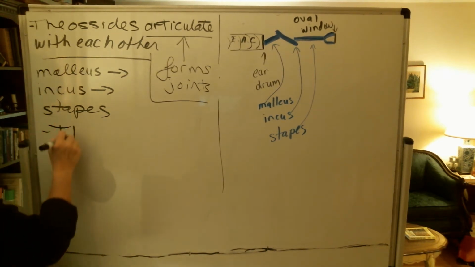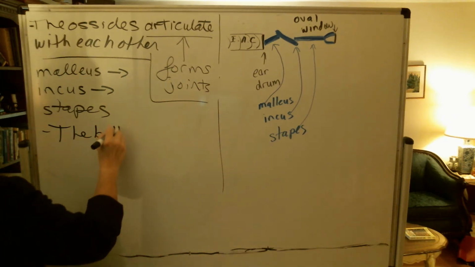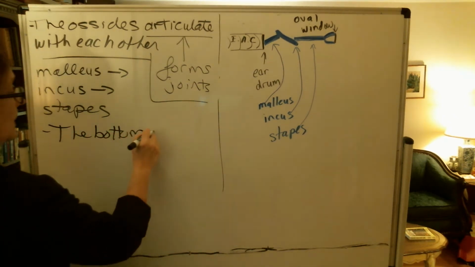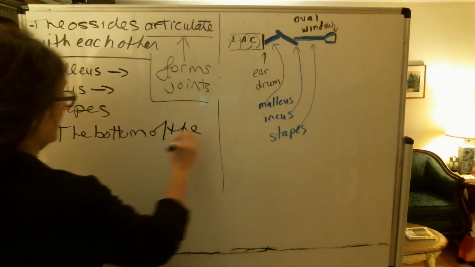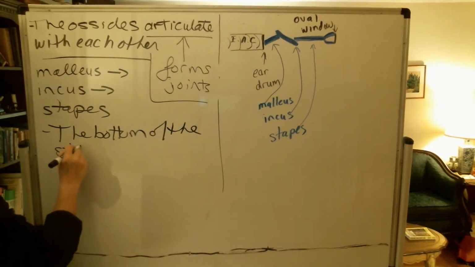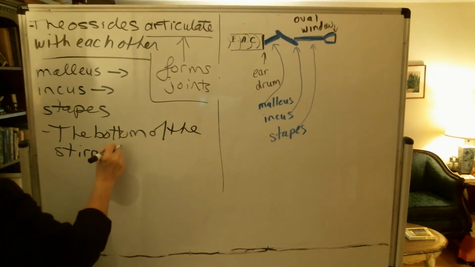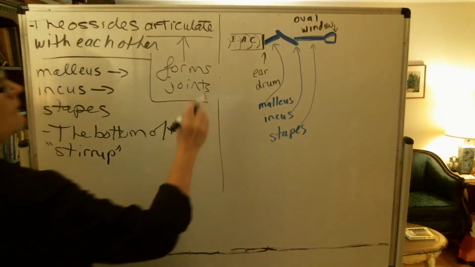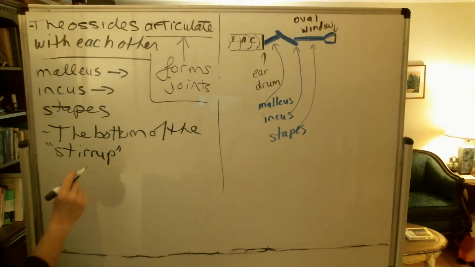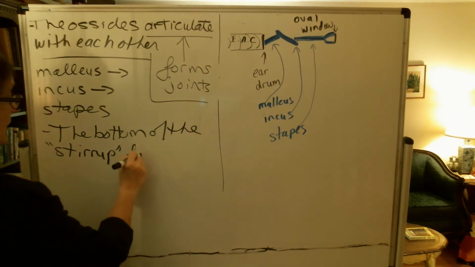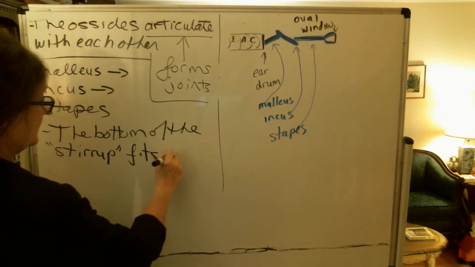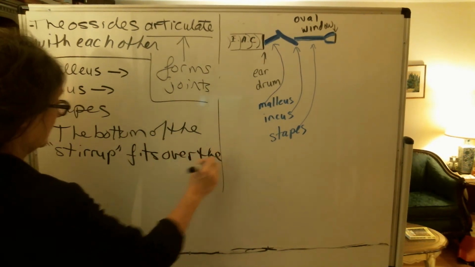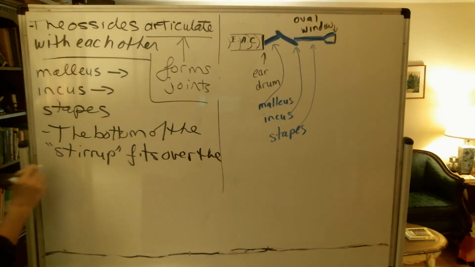And then the bottom of the stirrup, as I have shown there, fits over the oval window.